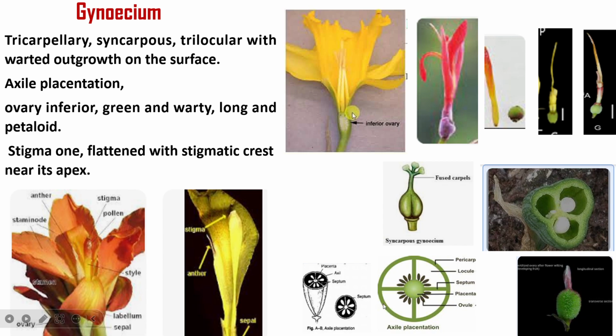Ovary inferior. Here the thalamus fuses with the ovary so that all the other floral parts arise from the top of the ovary. Style and stigma project along with them. The ovary is inferior, at a lower level. The flower with the inferior ovary is known as epigynous.